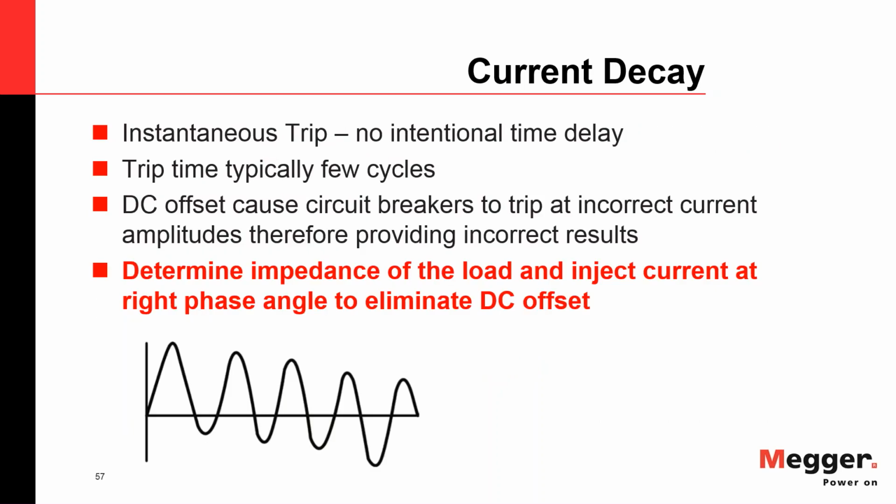Another thing is the DC component. The question already came, what waveform do you use? You always want to use symmetrical waveforms. So that means you have to take care of the DC offsets. There is no tester on the market, no classic tester, that can do that fully automated.